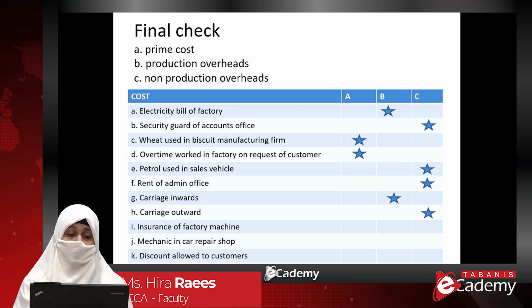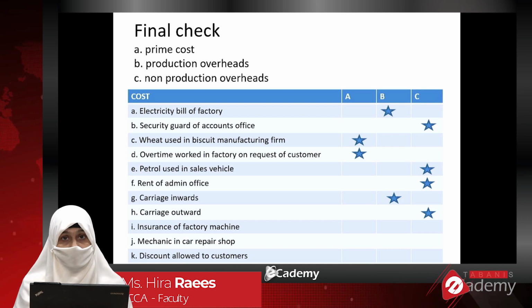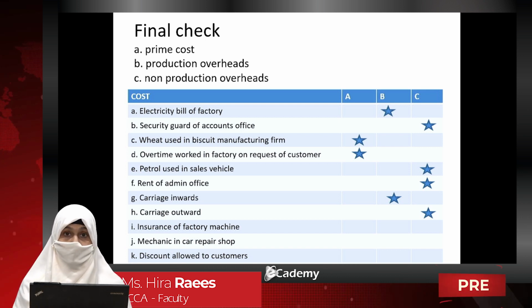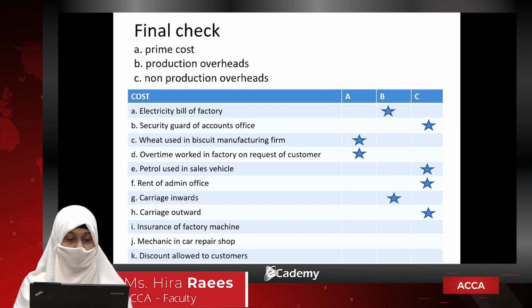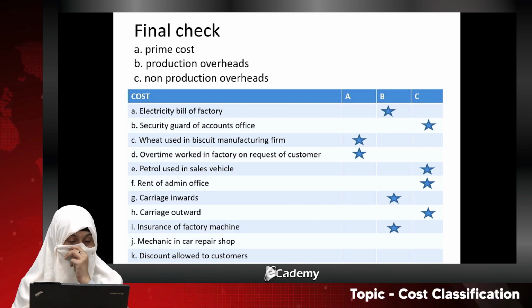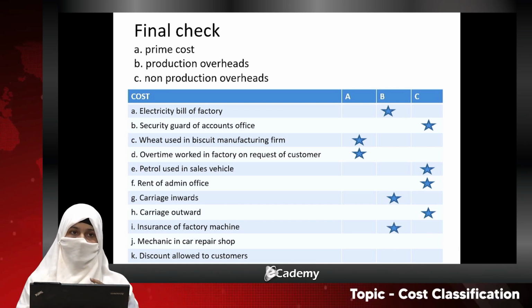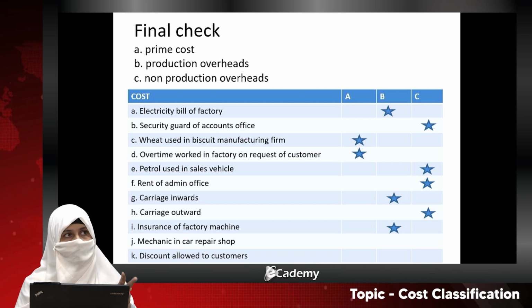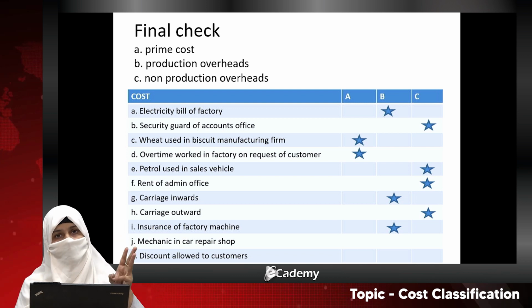So any expense related to raw material is production, and any expense for the selling of finished goods is non-production. Insurance is not direct material, not direct labor, not direct expense, so it's not prime cost, but yes, it's overhead because it's factory machines insurance, so it's a production overhead. First you have to check whether this particular expense falls in the prime cost list. If it's not, then it's overhead.